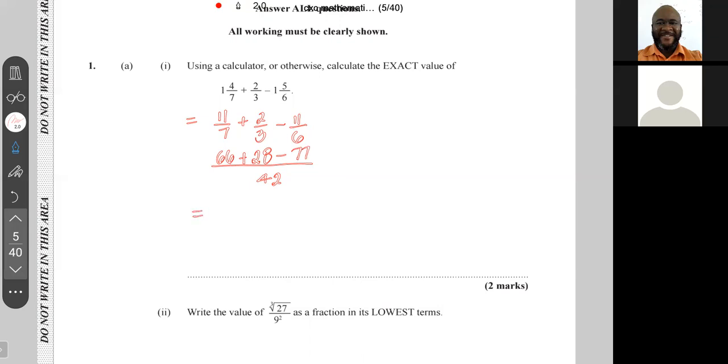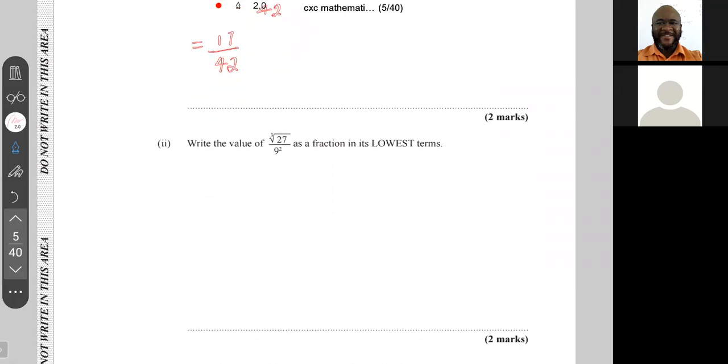So here, what we have is 66 plus 28 minus 77. The answer here is 17 over 42.